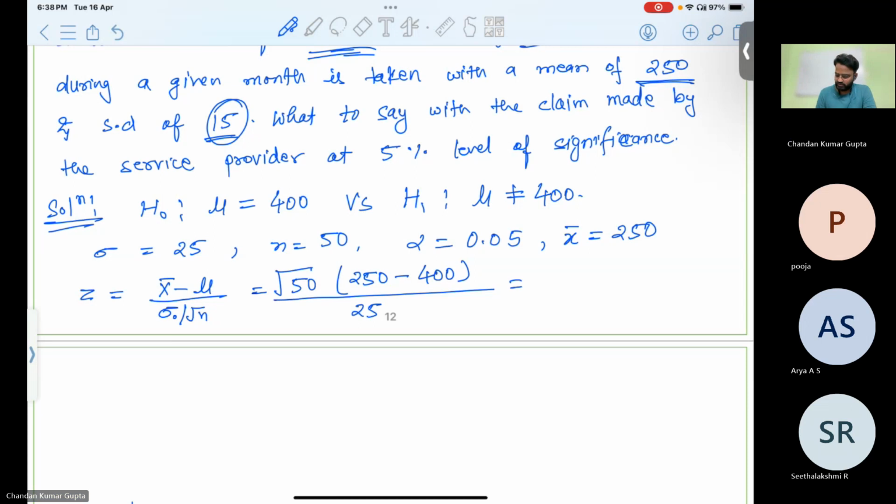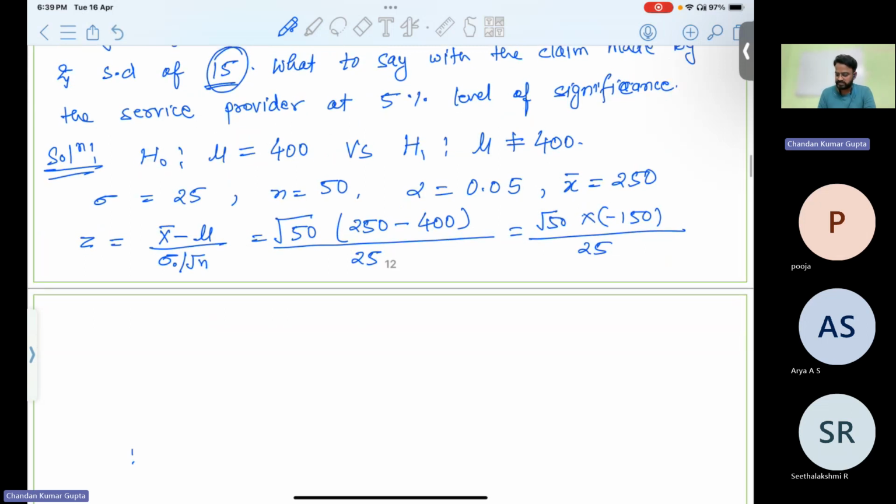So it's root 50 multiplied by minus 150 divided by 25, which is minus 6. So 150 and 25 cancel out, and it is minus 6 into root 50, that is 5 root 2 into minus 6.